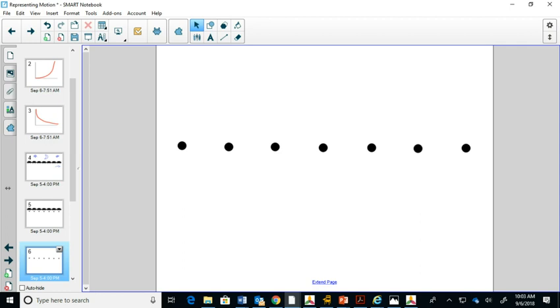What if, instead of them being like this, and let's just get rid of that guy. What if instead your particle model looked like this? Because remember, each of these dots represent the same amount of time, right?